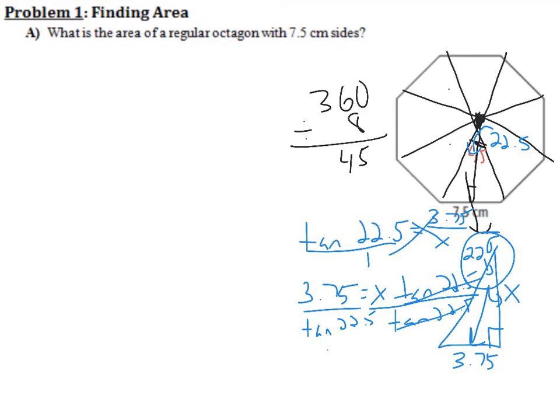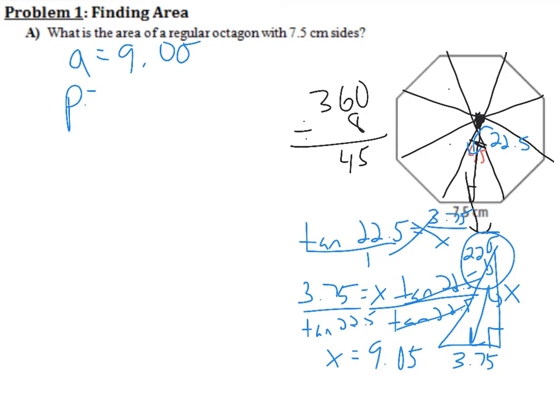And I get that x is equal to, when we type in 3.75 divided by the tangent of 22.5, I get that x is 9.05. So my apothem in this problem is 9.05.